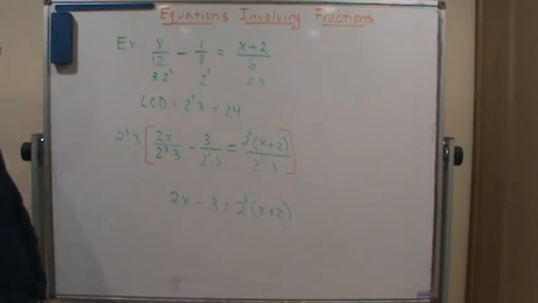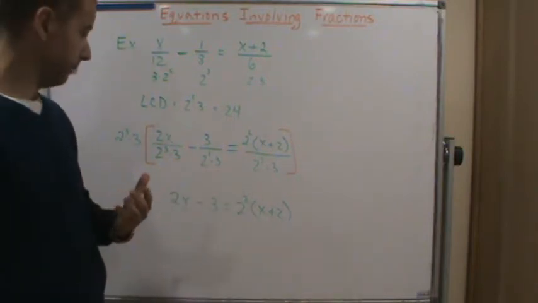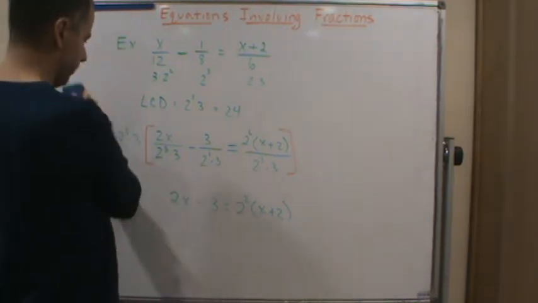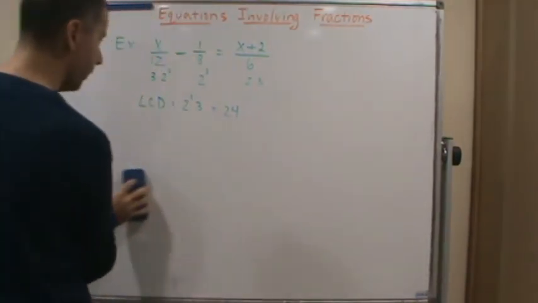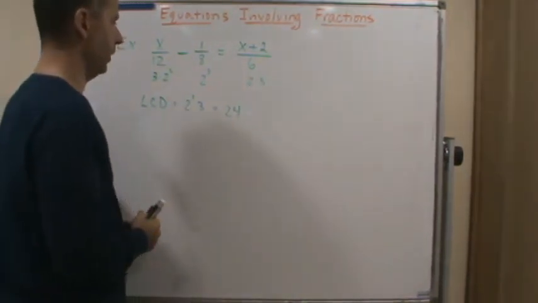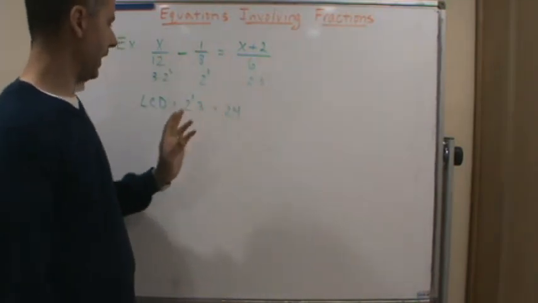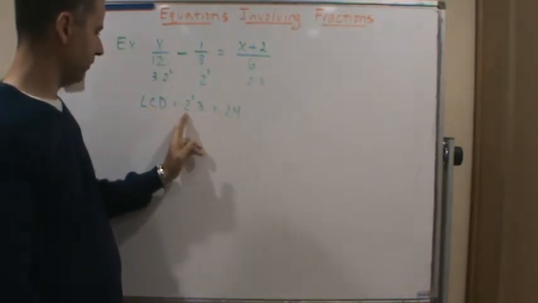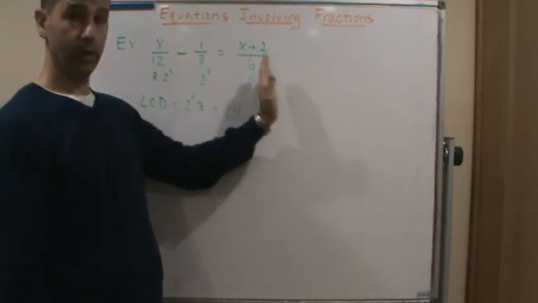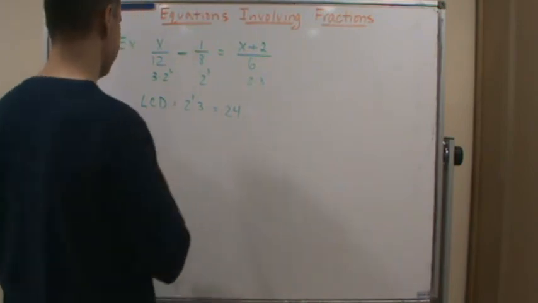Now, that seemed like a lot of work, but here's the takeaway. If I start over with this equation and I just find the LCD and multiply through by the LCD, watch what happens.